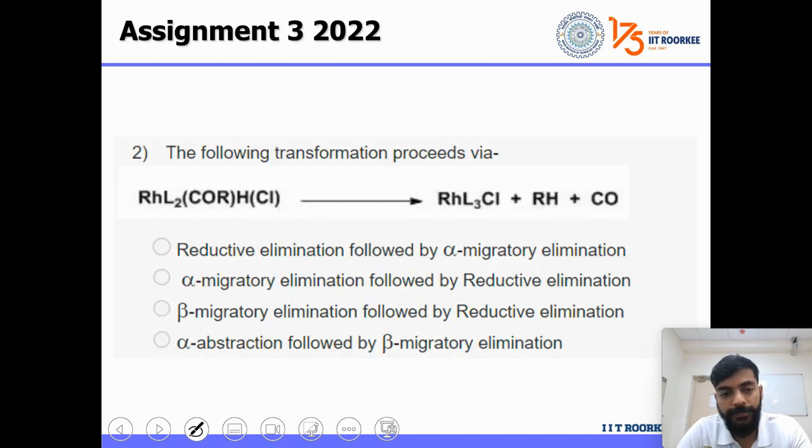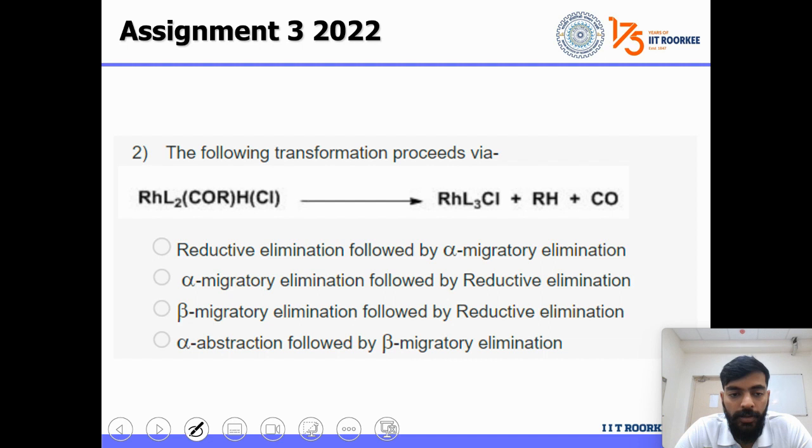Okay, let's move to the next question. The following transformation proceeds by reductive elimination followed by alpha migratory elimination, alpha migratory elimination followed by reductive elimination, beta migratory elimination followed by reductive elimination, or alpha subtraction followed by beta migratory elimination.